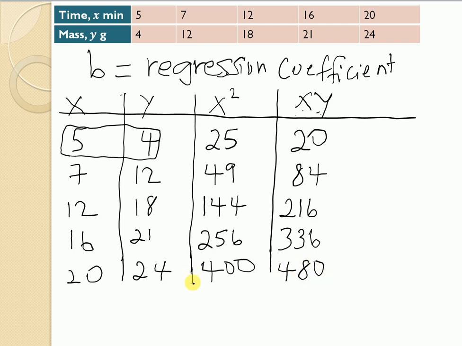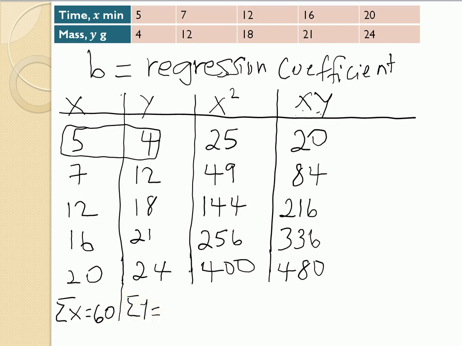Then we take the sum of each of these columns. So this is going to be the sum of x. That is equal to 5 plus 7 plus 12 plus 16 plus 20. That's 60. Then we have the sum of y.